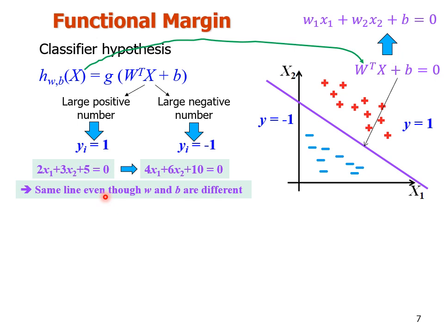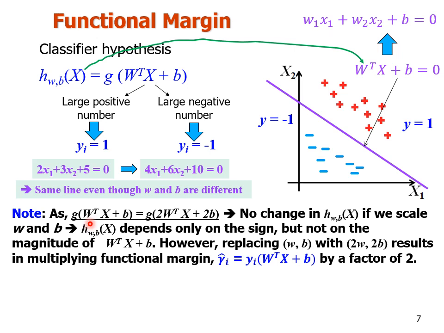In fact, the parameters w and b have been scaled. Here, what we have observed is g of w transpose x plus b is equal to g of 2w transpose x plus 2b. This indicates that there is no change in hypothesis h w b x if we scale the parameters w and b.